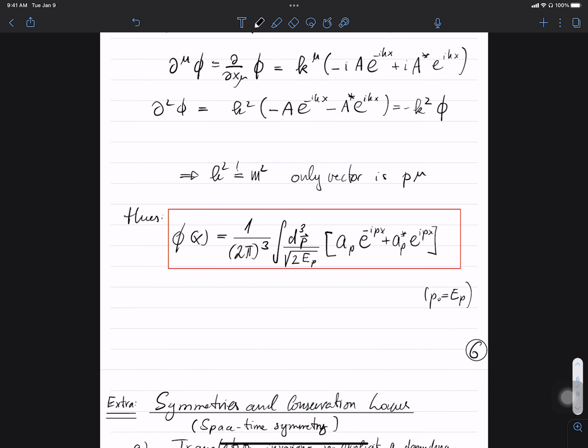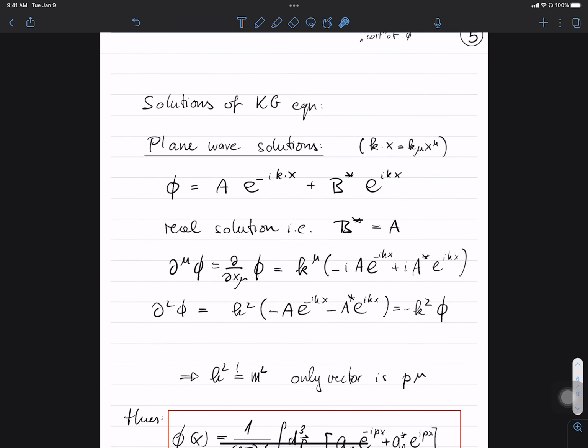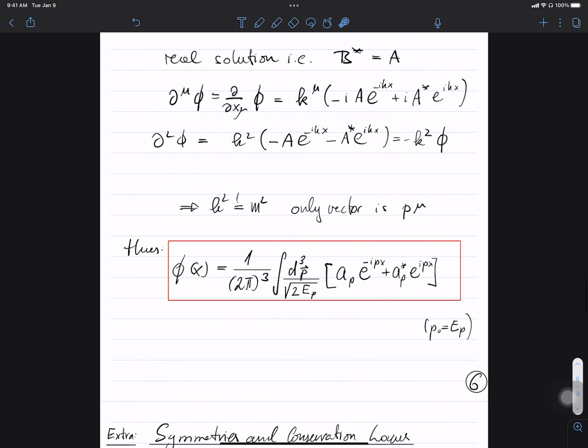Now we have this full solution where we have to integrate, because we found the solution for each momentum, and we integrate over all possible momenta. So we sum over all possible momenta, as we have found the solution for one momentum, and have the general solution for x.